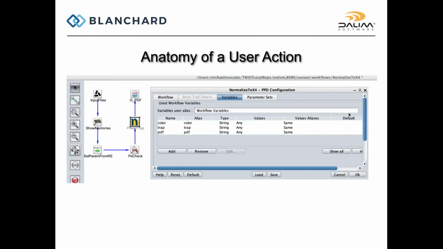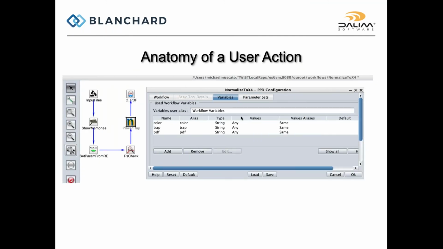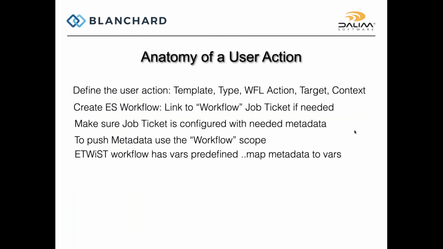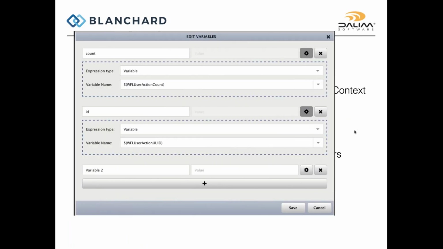Lastly, the eTwist workflow, you have to create the names of the variables that you're mapping to from ES. So these have to exist first. If you're using ES Connect, you don't have to do that. With ES Connect, you just hit the plus button, right? And it adds another instance. You give it a variable name and then assign a value to it.